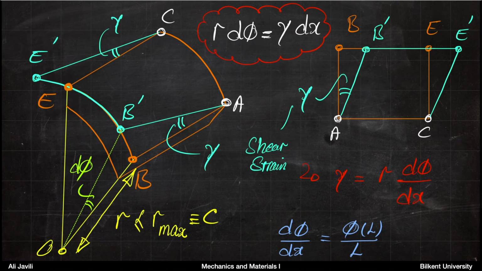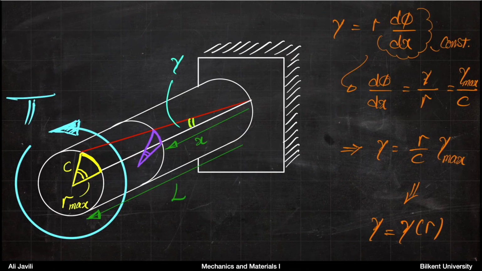It's the same constant, the same ratio. So we know gamma is equal to r d phi over dx, and that constant is the same as gamma divided by r, or the same as gamma max divided by c.